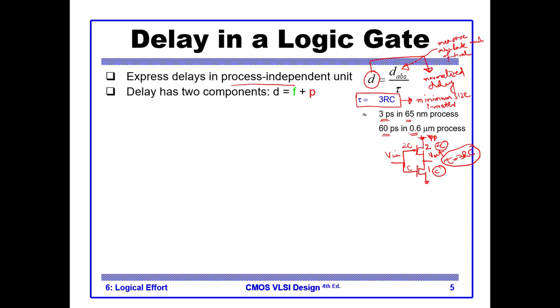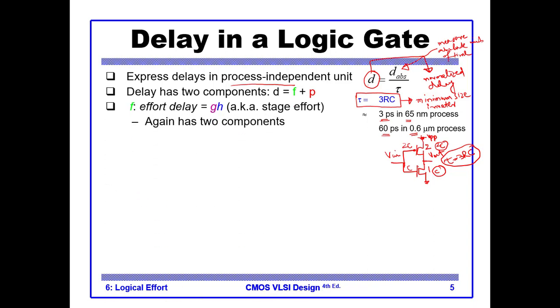Delay has two components. We have already seen one was the effort delay, and the other one was the parasitic delay. So the delay has two components, F and P, where F is the effort delay and it is equal to G into H, and this effort delay is also called stage effort.